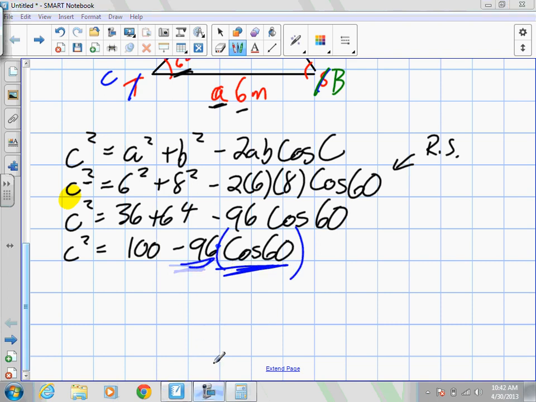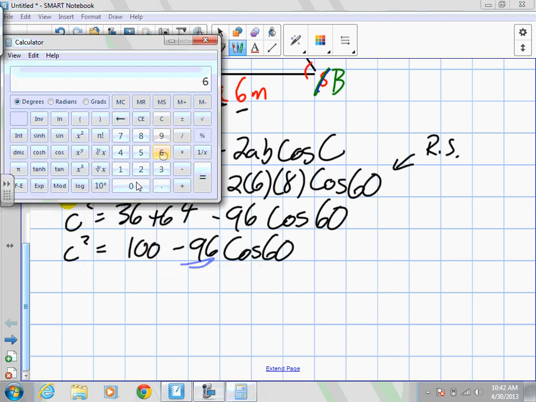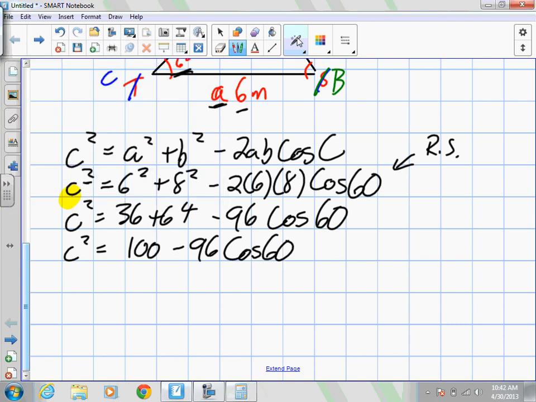So let's bring up our calculator here. Cos 60 is 0.5 multiplied by the negative value of 96 equals negative 48. So this now reads c squared is equal to 100 minus 48.